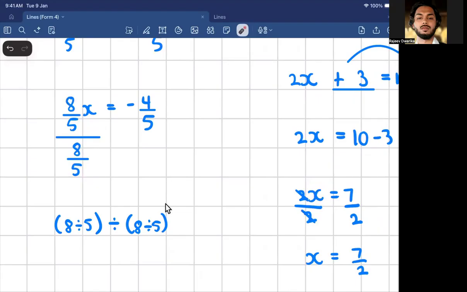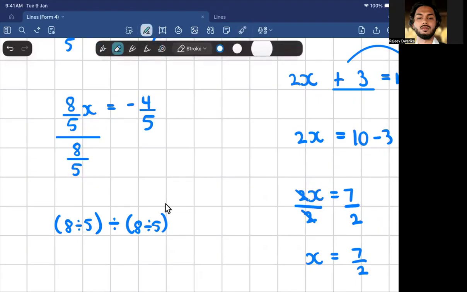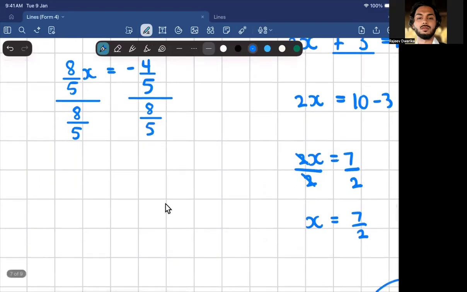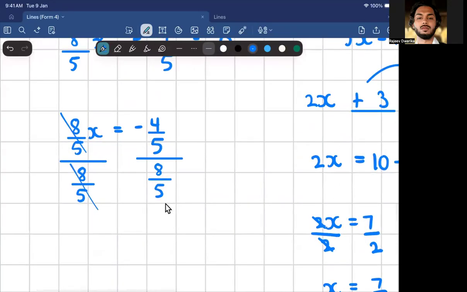Etiosa, you understand? Can I hear from Etiosa? So Ria, you okay with this, right? Yes, sir. And if we do it on the left hand side, you have to do it on the right hand side. So we're going to put over 8 over 5. Now the 8 over 5 and the 8 over 5 are going to cancel off, right?